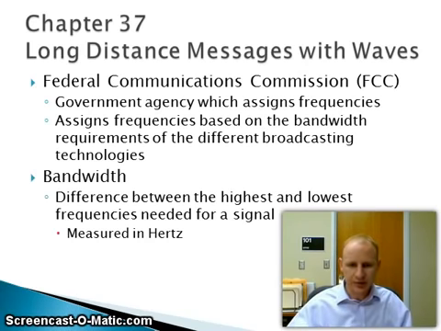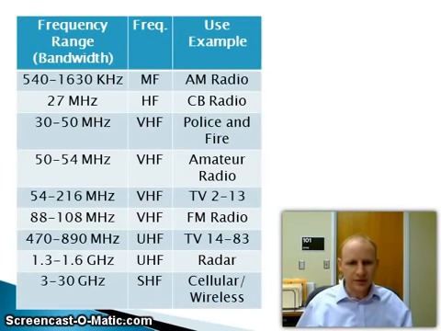To give you an example here, you can see that 540 to 1630 kilohertz is what AM radio is, which, if you think about it, when you dial into AM, you choose a range from 540 to 1630, as compared to FM, as you notice over here, which is 88 to 108 megahertz.